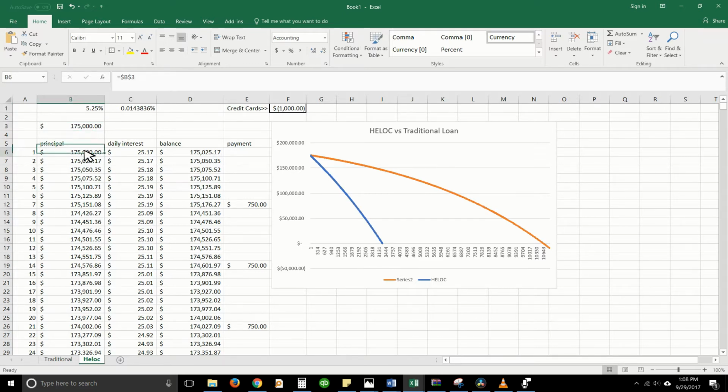And it's $175,000. And then your daily interest is about the same, but the difference is you pay it with your entire paycheck. So you already know $750 what you get paid every 7 days goes directly to your loan. So your effective interest that you pay goes down every week.